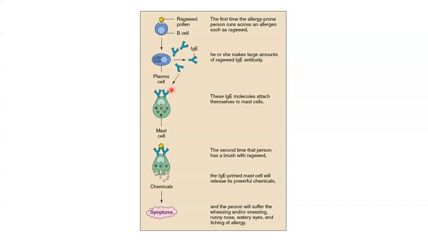These antibodies will attach themselves to the mast cells on the plasma membrane on the exterior surface, so that the second time that person comes into contact with that allergen, the allergen will bind to those antibodies on the surface of the mast cell, causing that degranulation, so causing the mast cell to release those different chemicals, and we get that allergic response.